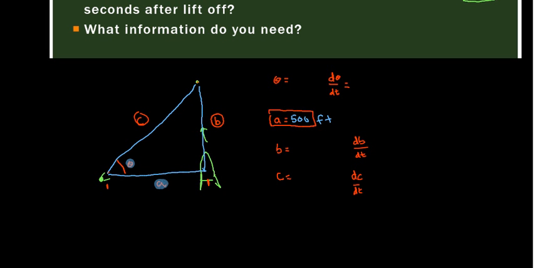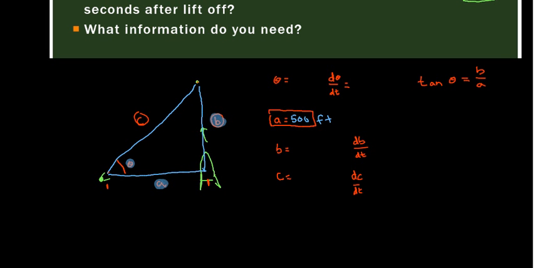And then we'd probably want to use B. So now you have to think a little bit of trig. What relates theta, B, and A? That is going to be tangent. So the tangent of theta is going to equal, TOA is opposite over adjacent, so B over A.